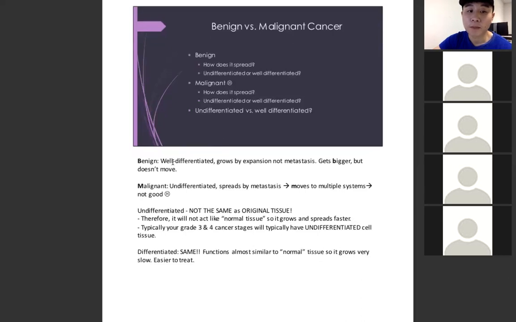So benign is well differentiated. It grows by expansion, not metastasis. It gets bigger, but it doesn't move, it stays there. Malignant is undifferentiated, spreads by metastasis, moves to multiple systems, not good.